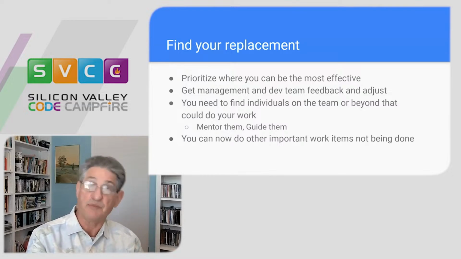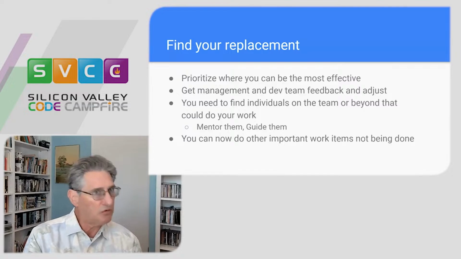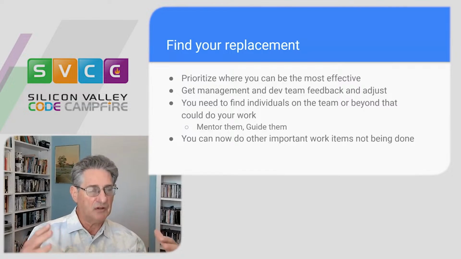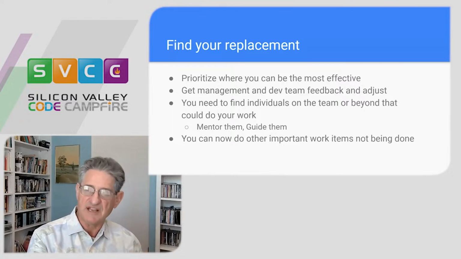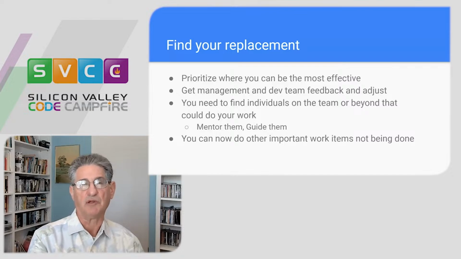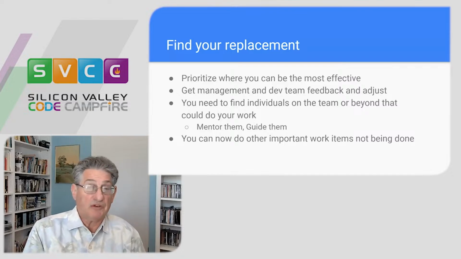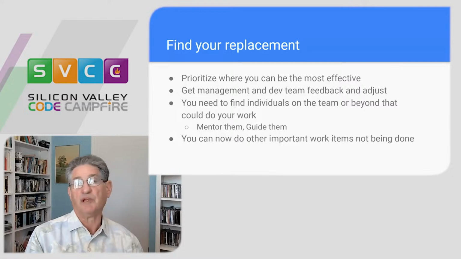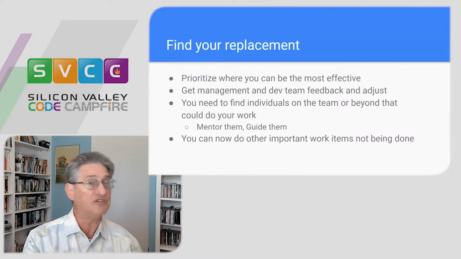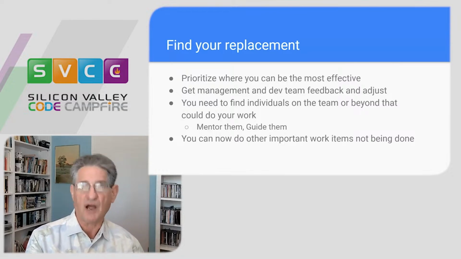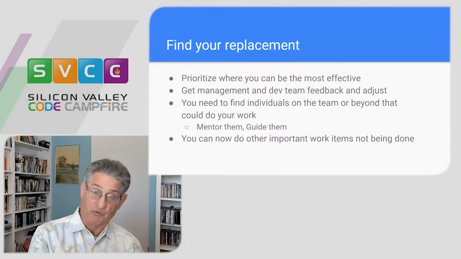That they may not be there already, they may not even be close to being there, but they have the foundation in them that will be an architect. And then take those people and mentor and guide them. So some people may be relatively close, and mentoring and guiding them may mean getting them an architecture project that either you're doing or one of the ones that you're not doing, and have them do that project and help them with that project.